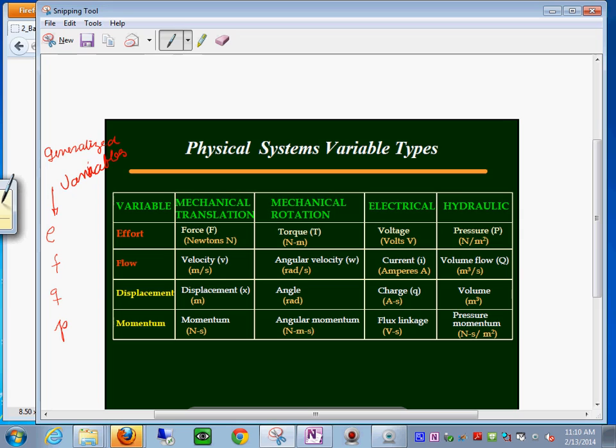We're going to be using this notation for E and F, P, and Q.